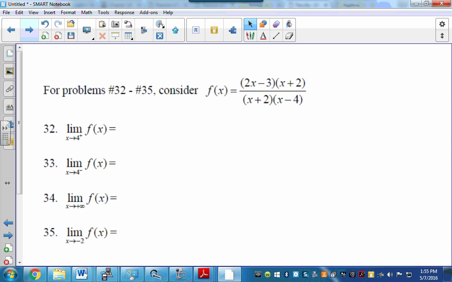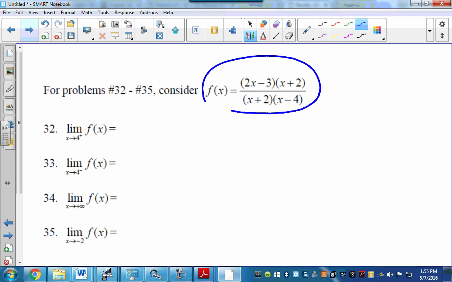Now, we can work this problem a couple of ways. The first way I want to do it is to draw a sketch. Okay, so I really want to draw a sketch, and we're going to have to go back and remember all the stuff that we had way back in October, November. First thing I note is I can cross out that factor, so there's a hole at x is -2.